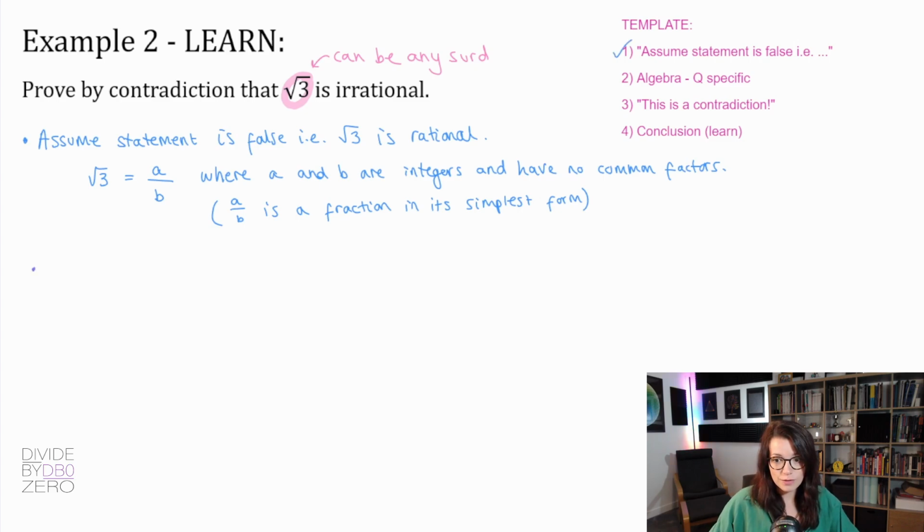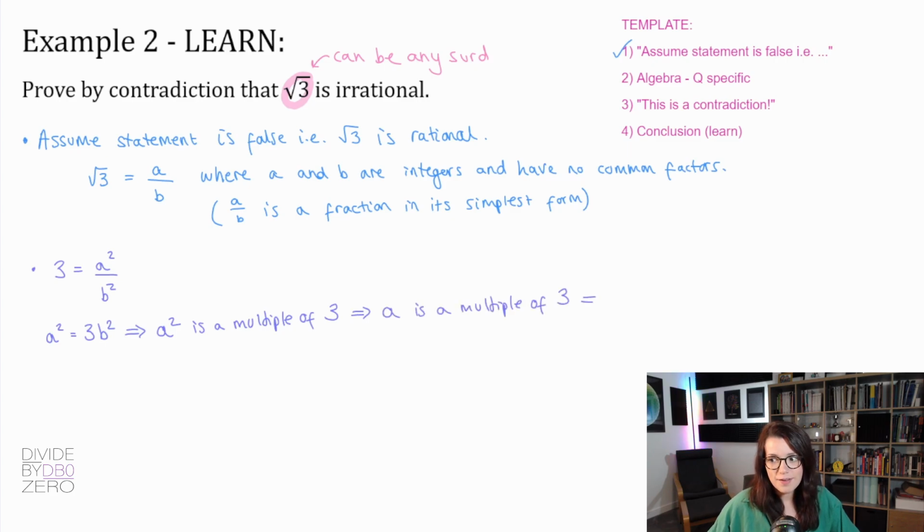Step 2 is the algebra. So we start with root 3 equals a over b from the assumption. We could square both sides to get this. And then based off this, we can say that means a squared must be equal to 3b squared. This implies that a squared is a multiple of 3 because a squared is 3 times something. This in turn implies that a itself is a multiple of 3, and therefore we could write a as 3n.